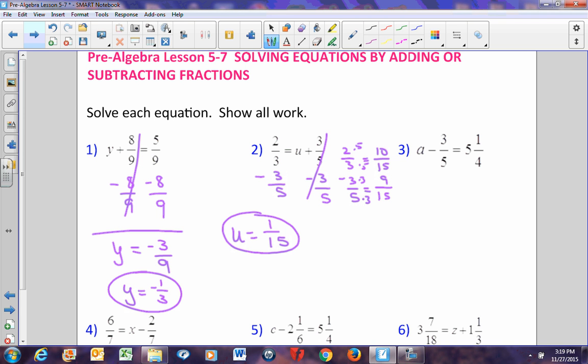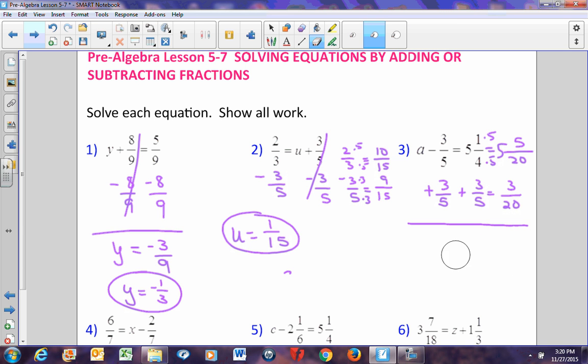Number 3: a minus 3/5 equals 5 and 1/4. I'm going to add 3/5 to both sides. The common denominator between 5 and 4 is 20. I first subtracted by mistake, but I'm supposed to be adding those. Silly me.